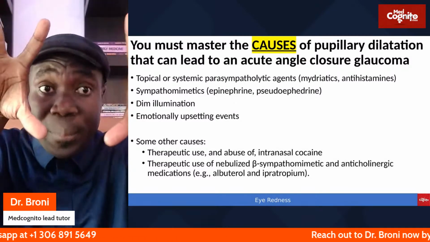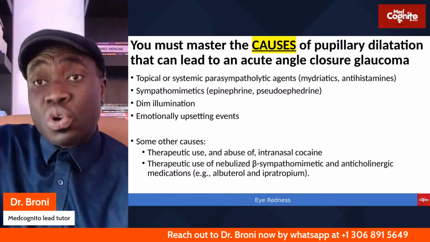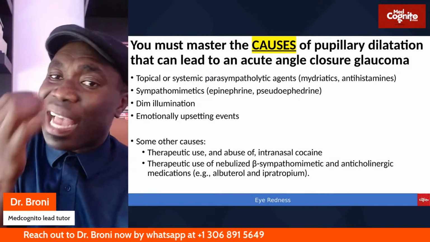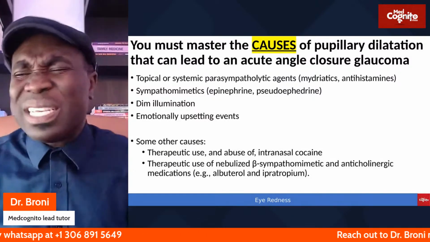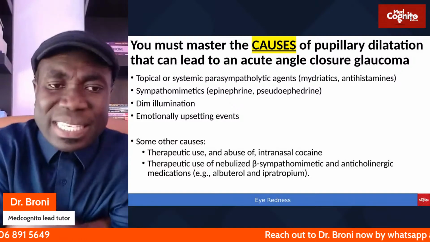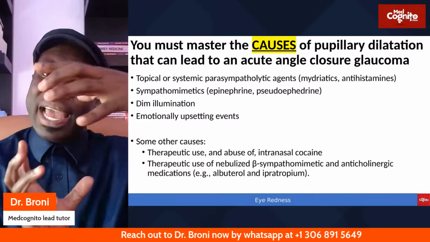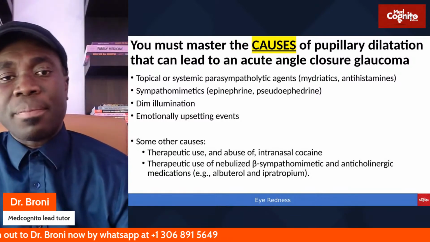Your pupils want to open up. And we learned that in many cases of acute angle closure glaucoma, there is a concern with pupillary dilatation. If somebody also gets upset, angry, that can also lead to the anterior chamber becoming shallow, and that can be a problem.